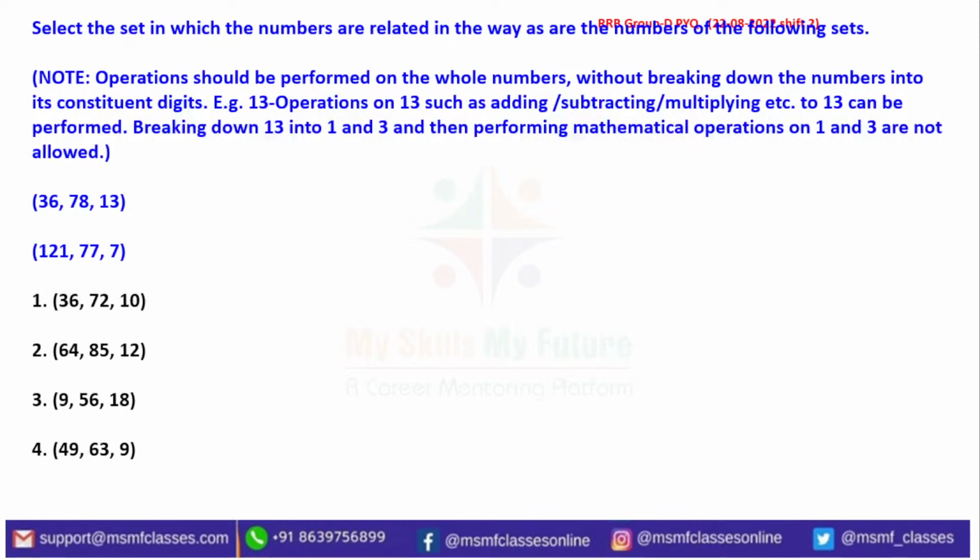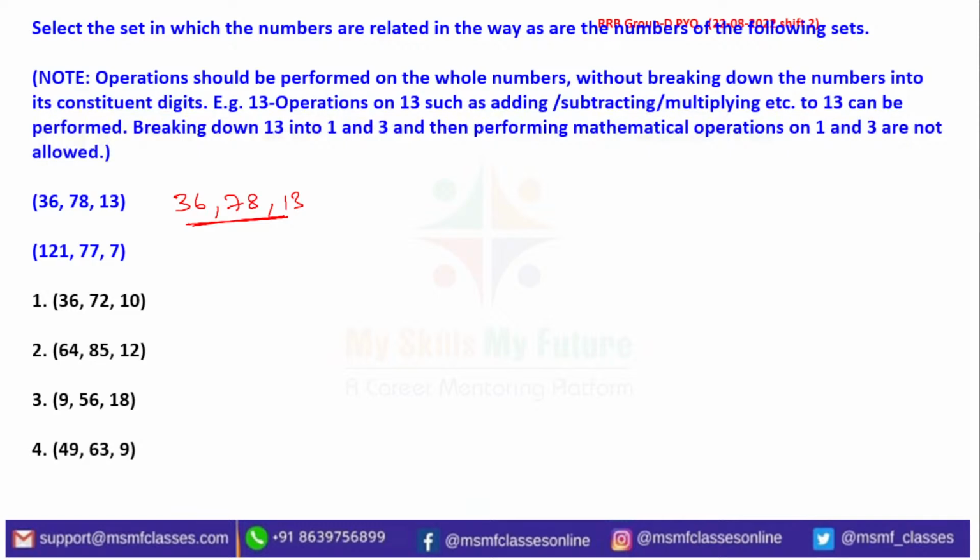Same type of question will be asked in RRB Group D several times. Select the set in which the numbers are related in the same way as the numbers of the following set. The set given here is 36, 78, 13. Here 36 is a perfect square.